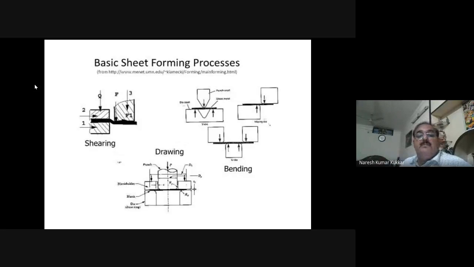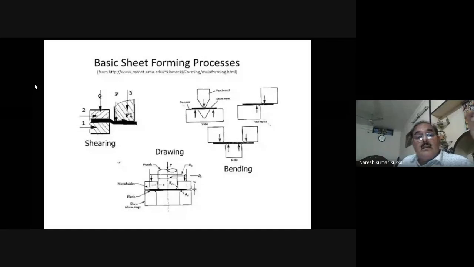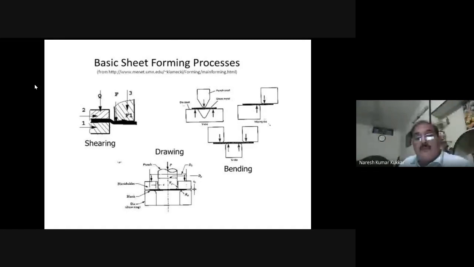Now, the basic sheet forming processes are these. One is shearing. In shearing, shear force is applied to shear the basic sheet. Shear force is required, meaning cutting the basic sheet. Second is bending.